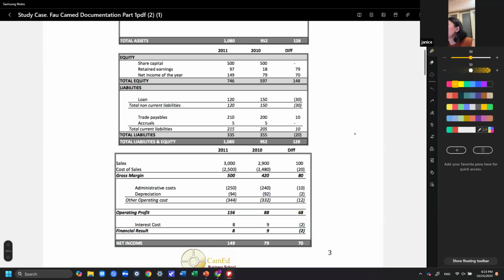Marker pen, straight line marker, and then line drop the tool. Okay. So do you guys see the net income here?